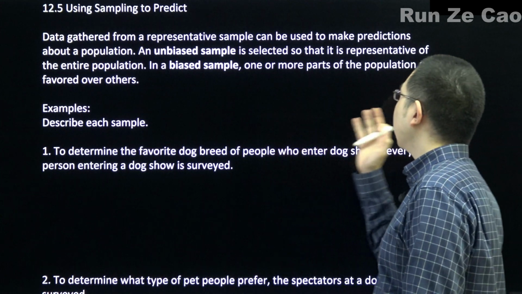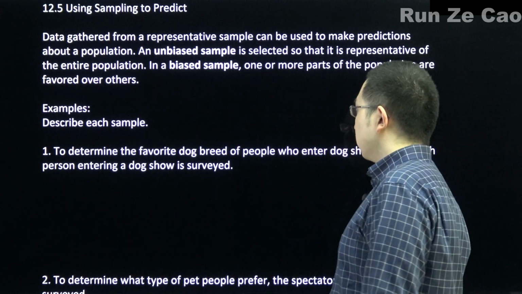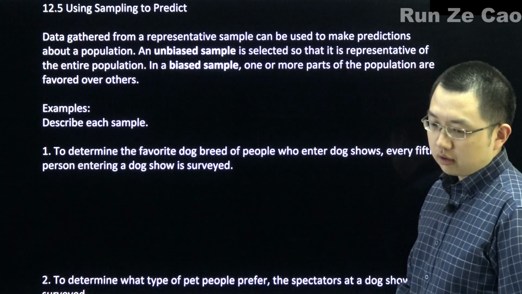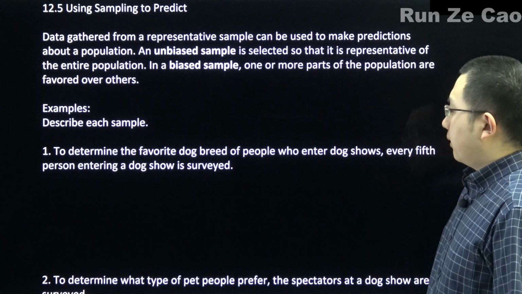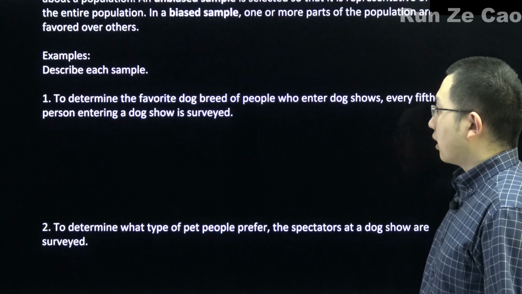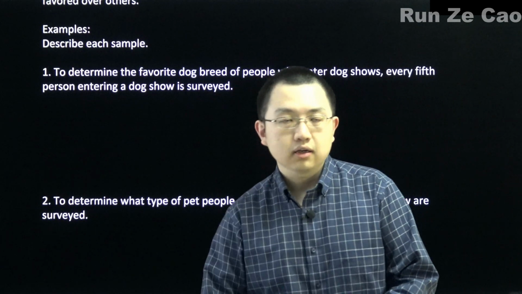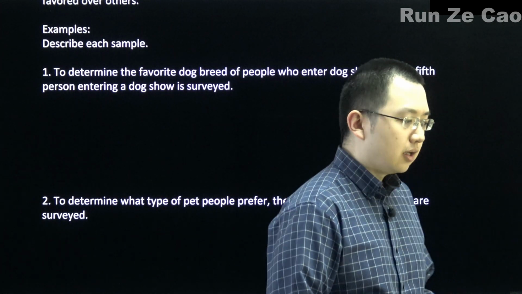It does not favor parts or part of the population over other parts. A biased sample does skew your data so that you get an incorrect representation of the population.